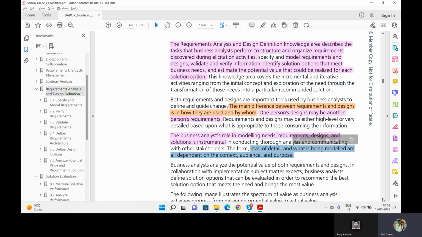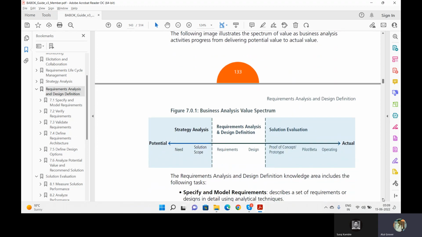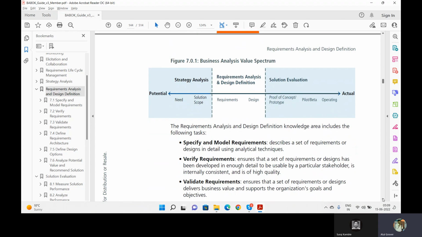will be different here. Now on the broader side, if I show you from this part, this is the business analysis value spectrum. Being a business analyst, what is my journey path? I am sitting here and I want to go here. That is called the potential to the actual.